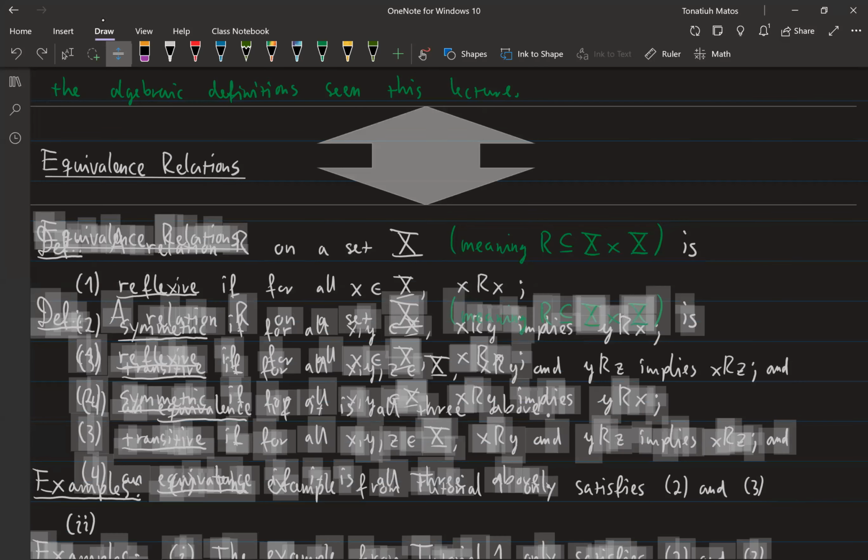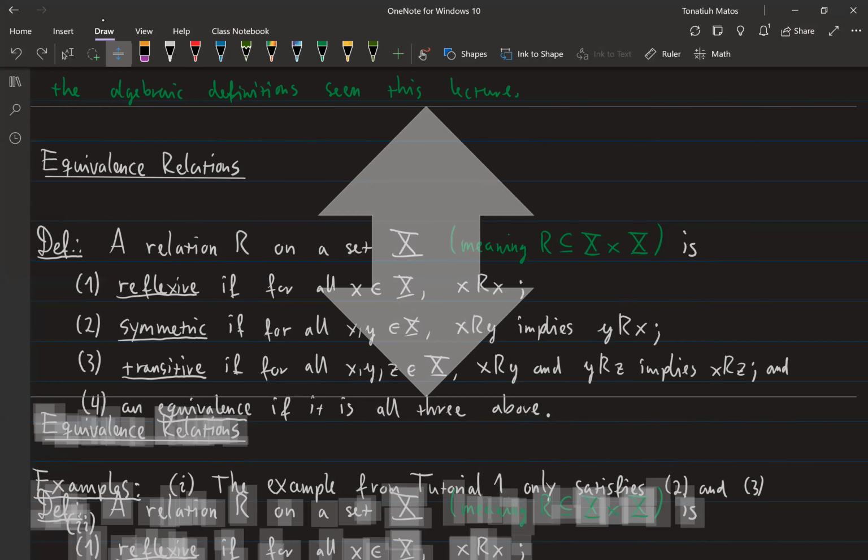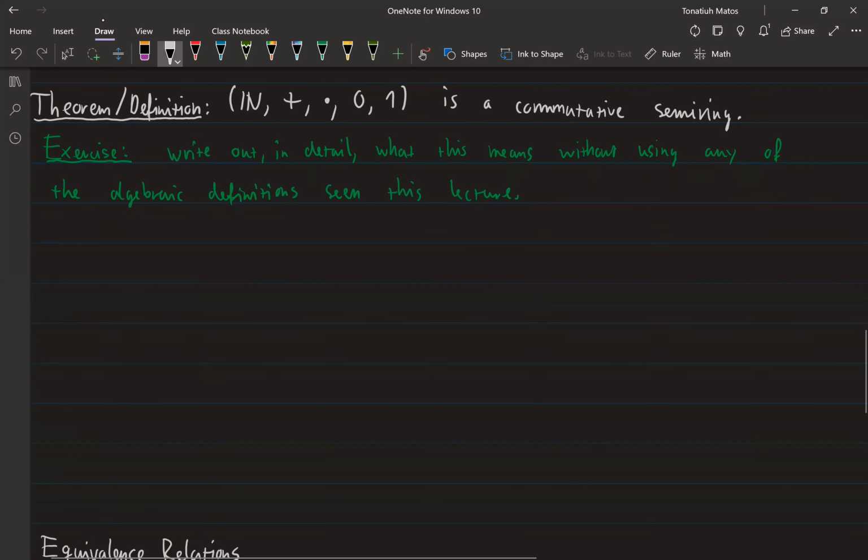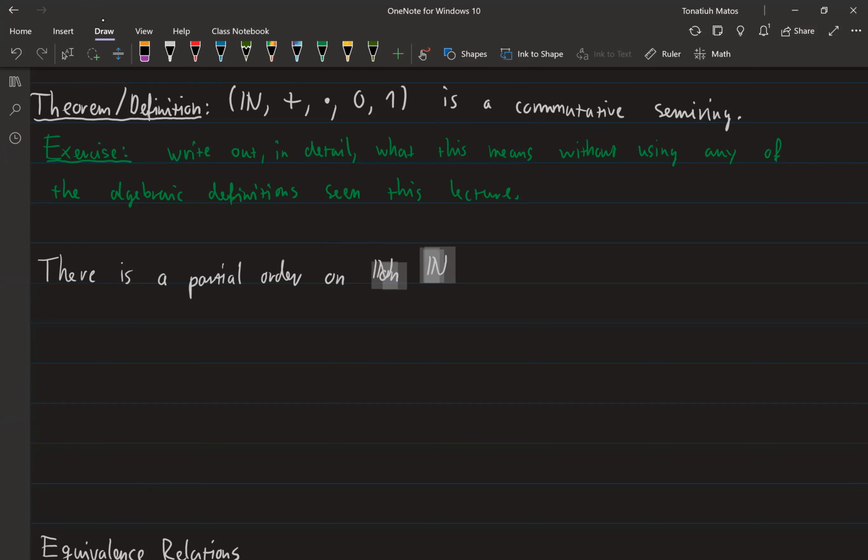There's a partial order on the natural numbers, and that's also important for me to mention. It's not just algebra.